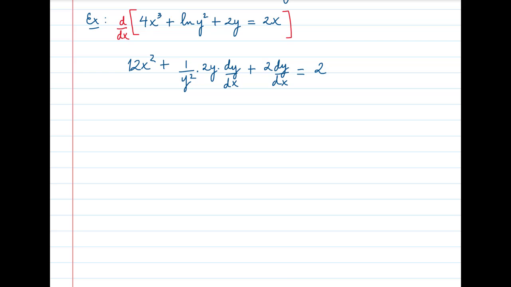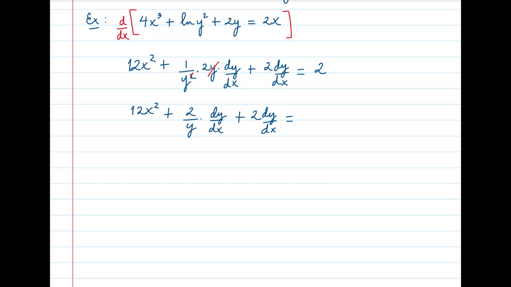The derivative of 2x is 2. So cleaning this up a little bit, a couple of things simplify. We end up with 12x squared plus 2 over y dy/dx, plus 2 dy/dx equal to 2.